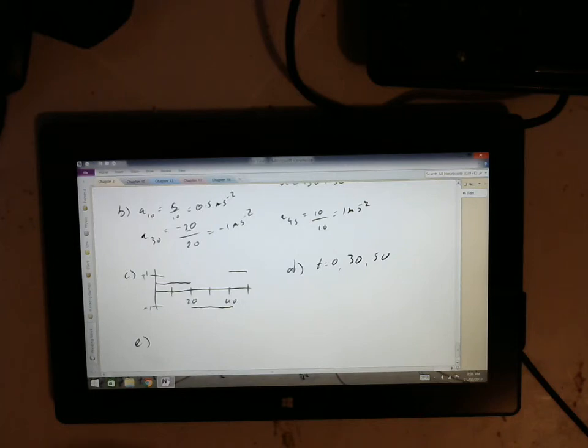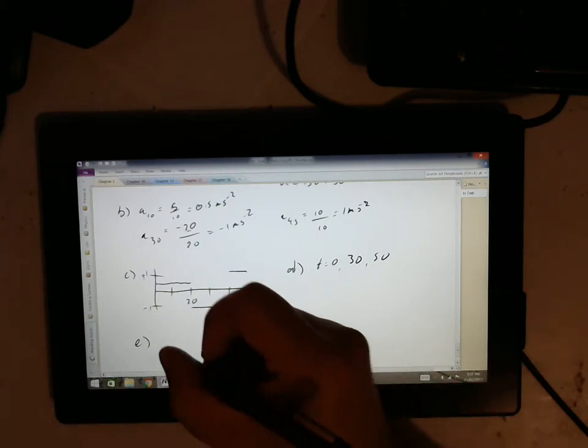I'll just do a quick one. Yeah, we're looking at E now, aren't we? Now, the thing is, one problem I have with this is that at time equals 20 and time equals 40, there's a spike. That means his acceleration is changing at that point, and it looks to be an instantaneous change.